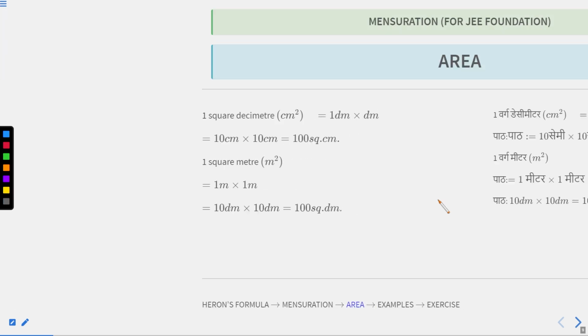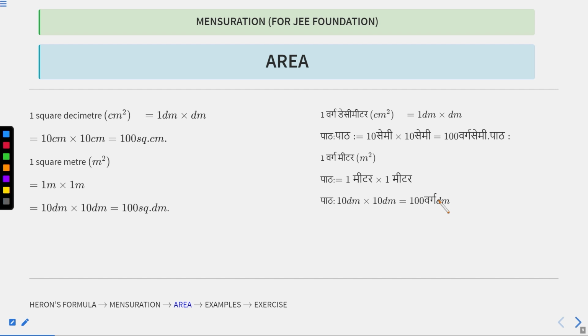So let's move to next. These are some conversions that are quite easy. For example, if 1 meter times 1 meter is written, we are going to convert it into this unit. So if you try to construct the table, meter is present here as the base unit, and we are going to add to the right side deci.